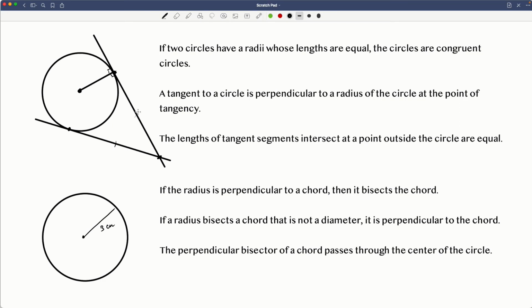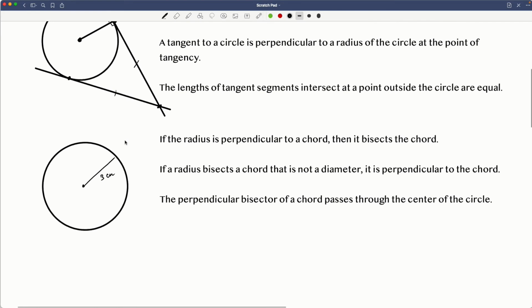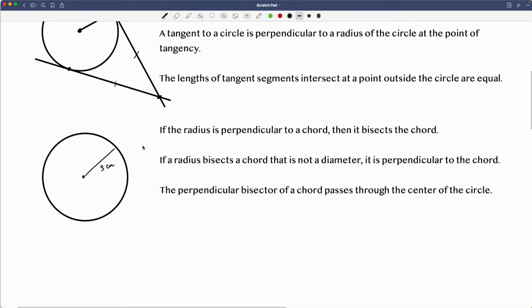All right, let's look at our last little bit. If the radius is perpendicular to a chord. Now we know what a chord is. A chord goes across a circle, just like that.